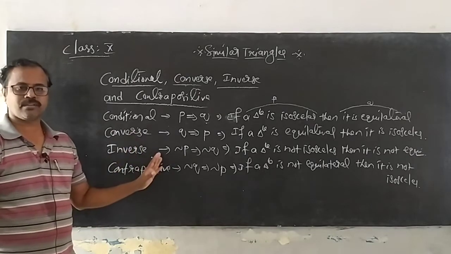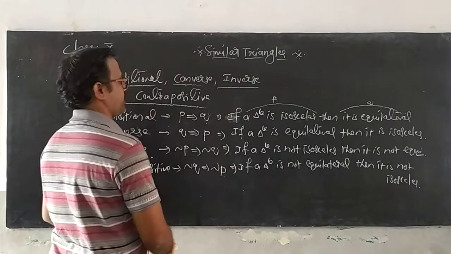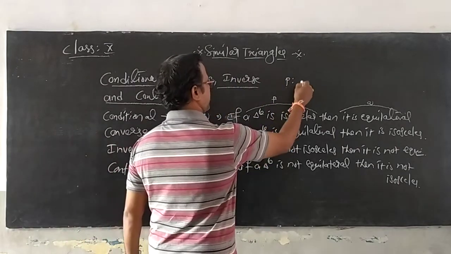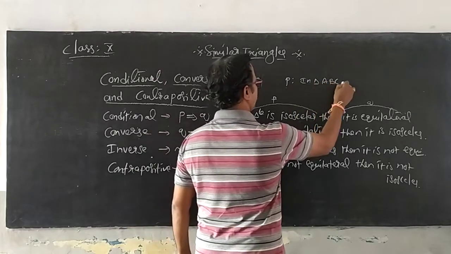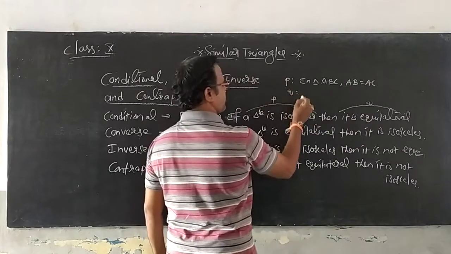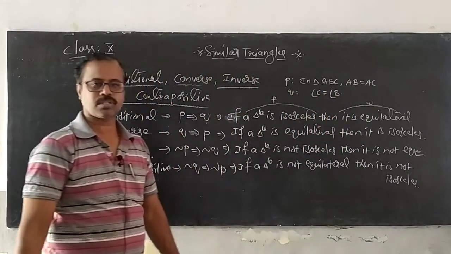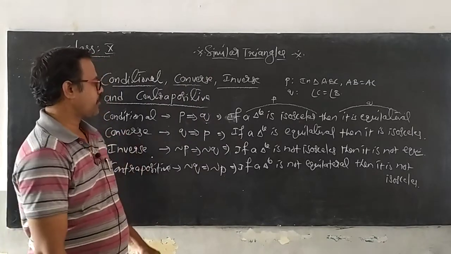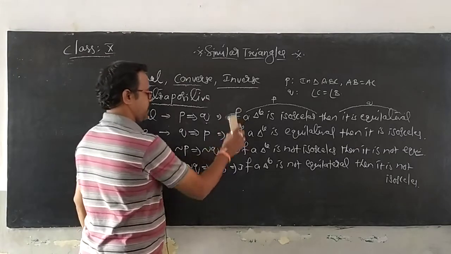Did you understand? Now I give one more example here. If I take a statement P: in triangle ABC, AB is equal to AC, and Q: angle C is equal to angle B. These are the two statements. Now can you tell me how to write the conditional?